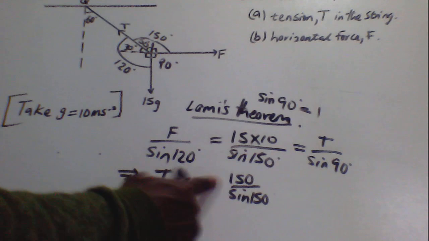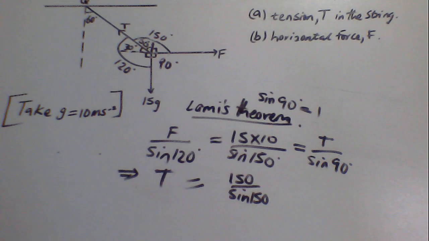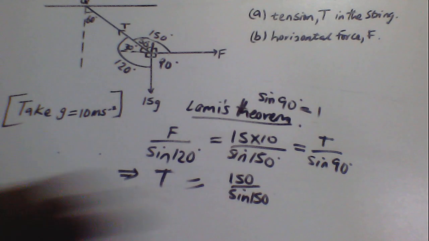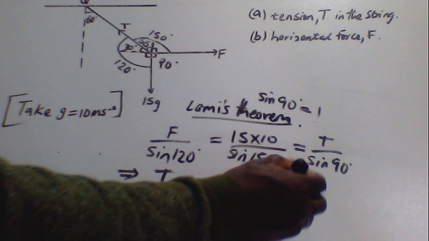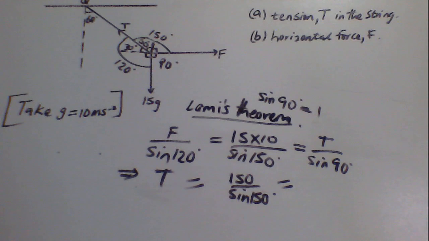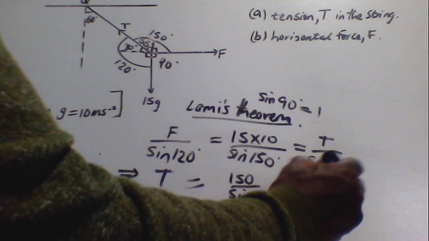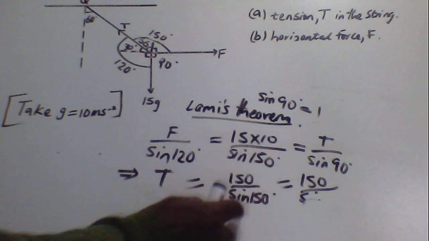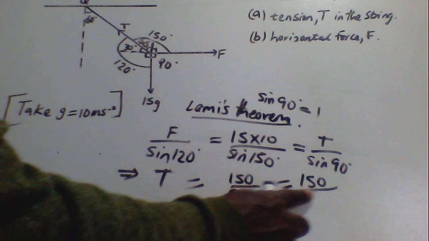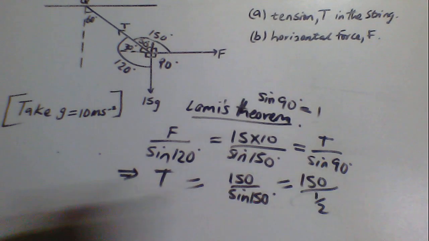In that case, T is equal to what? 150 divided by sine 150 degrees. So find the value of sine 150 degrees. That is the same as 150 divided by, if you find the value here, because sine is positive in the second quadrant, you have 1 over 2.